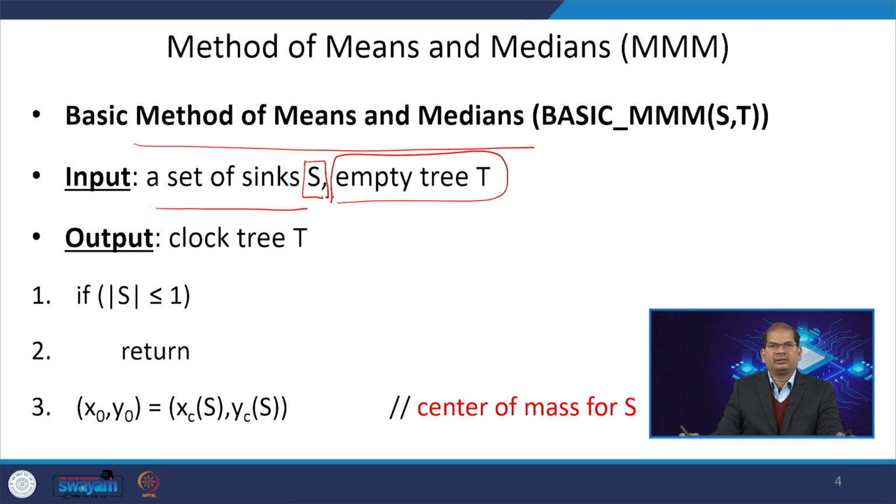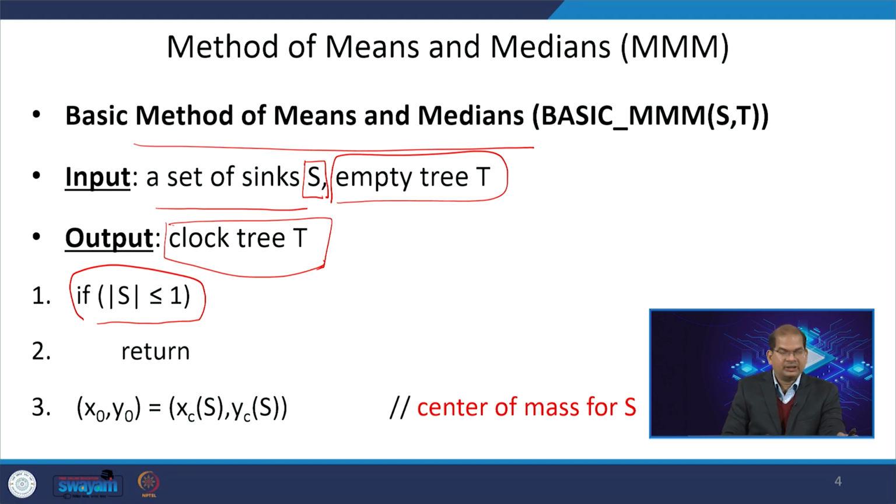So, initially we have an empty tree and a set of sinks going as input, and what is coming out is the final clock tree, how it is routed. Here the condition is that if the cardinality, or mod, of S is less than 1, meaning there is no element in that set, then we terminate the algorithm; otherwise we continue.